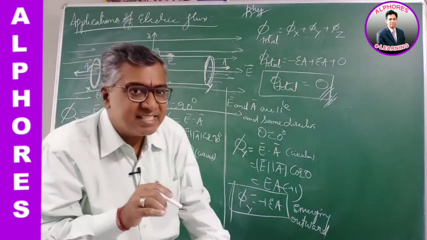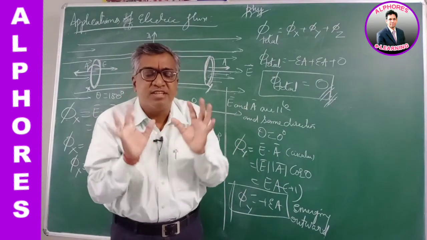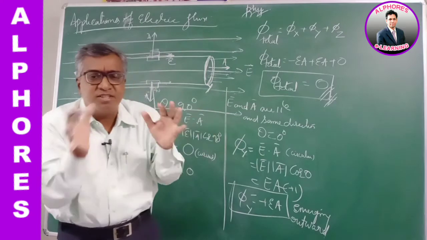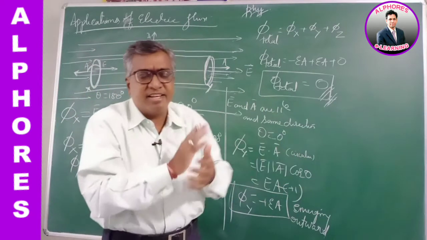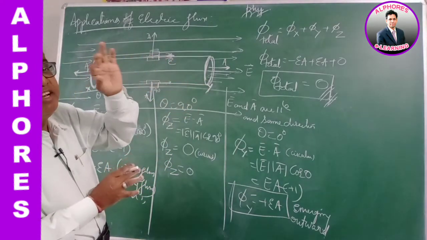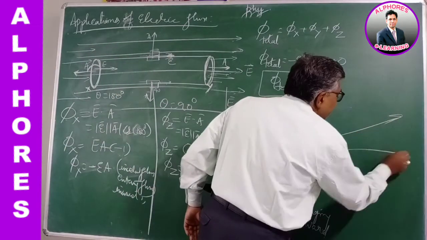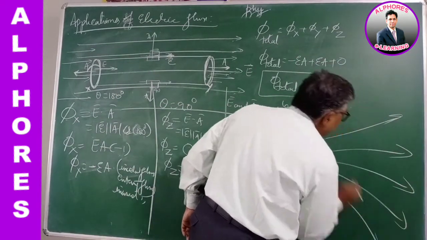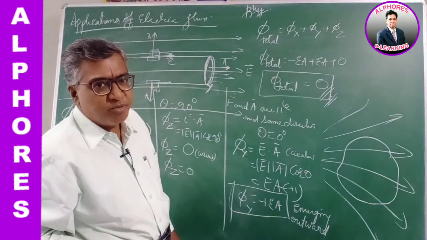So we understand whenever there is an enclosed volumetric surface, enclosed from all sides, placed in an electric field, the net flux through that enclosure will always be 0. It need not be a cylinder itself. Suppose there is a non-uniform electric field like this, and in this one I place an enclosed volume like this.